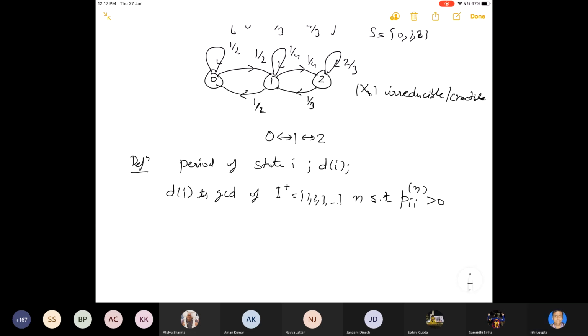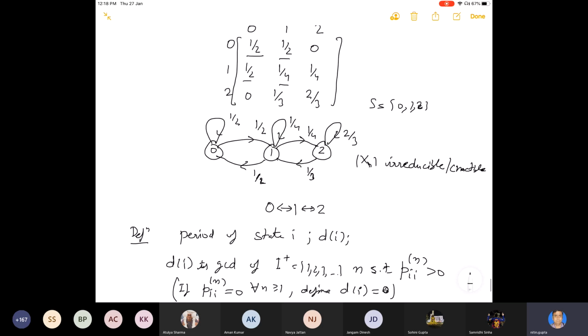If p_ii^(n) is equal to 0 for all n greater than or equal to 1, we define the period of state i to be 0.